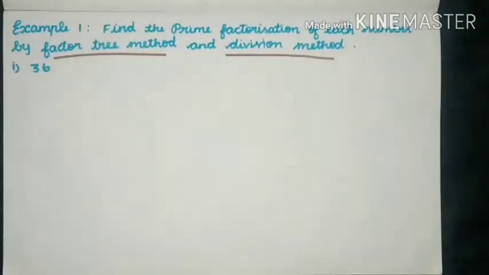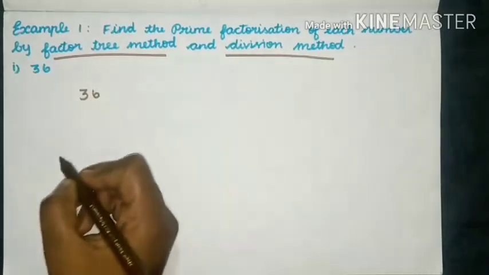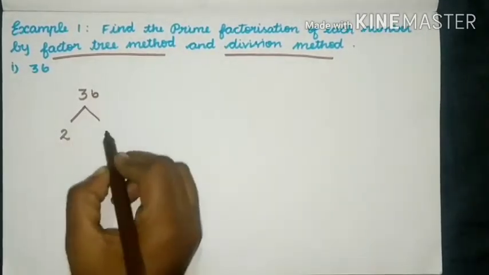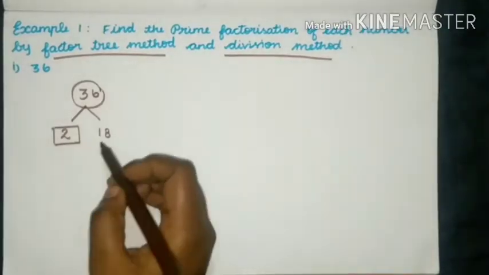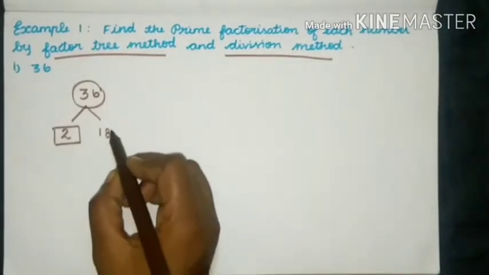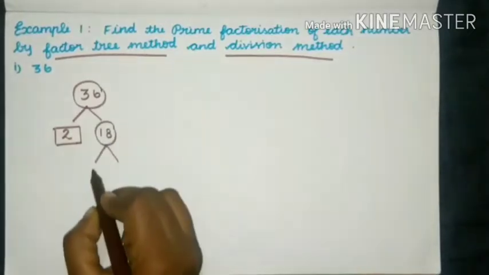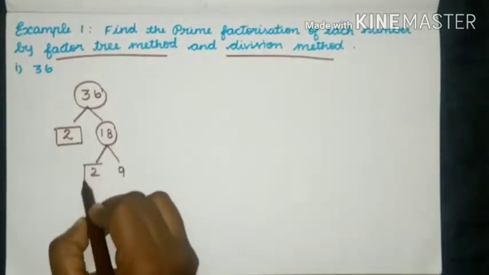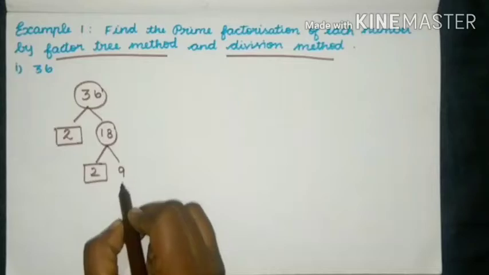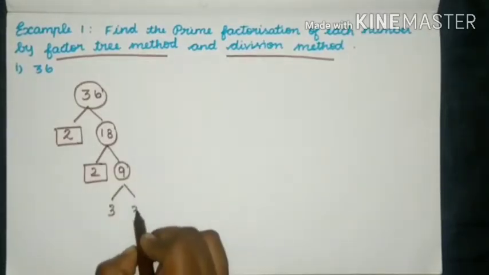Students, as we already know how to find the factor tree method. First, let's find 36. 2 18s are 36. 2 is a prime number, so leave it. Then you have to find the prime factors for 18. 2 9s are 18. Again 2 is a prime number, leave this. 9: 3 3s are 9.